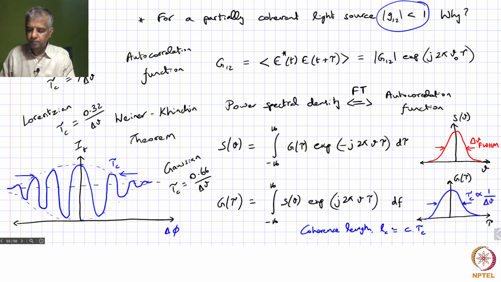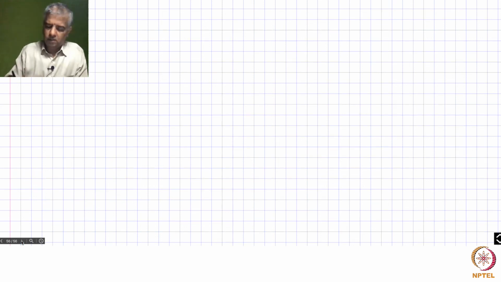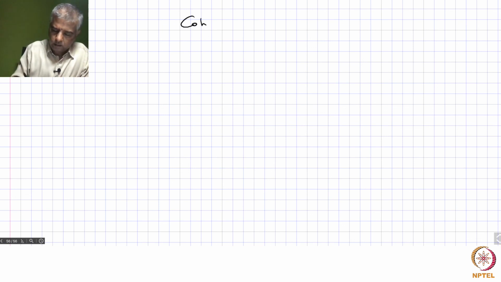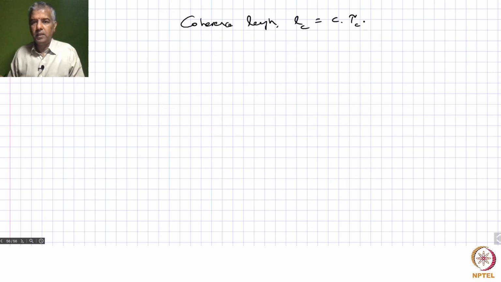Let us actually take that up in a separate page. So we say that the coherence length L_C equals C multiplied by tau c. Now let us try to figure this out for different values of source spectrum.